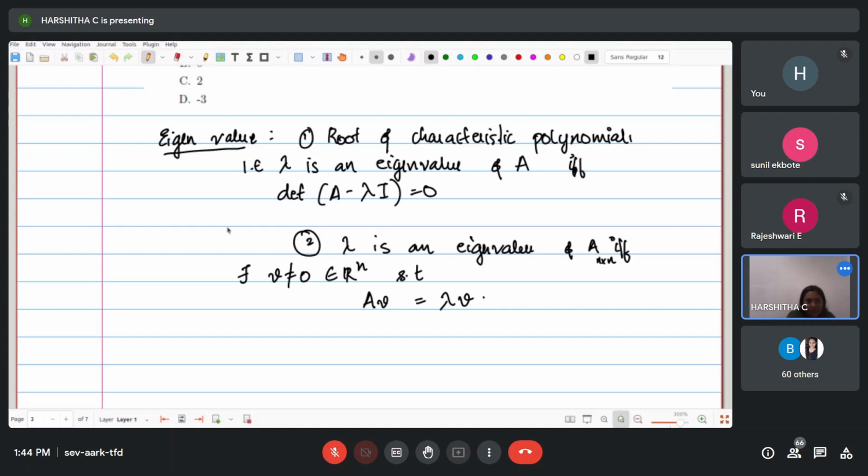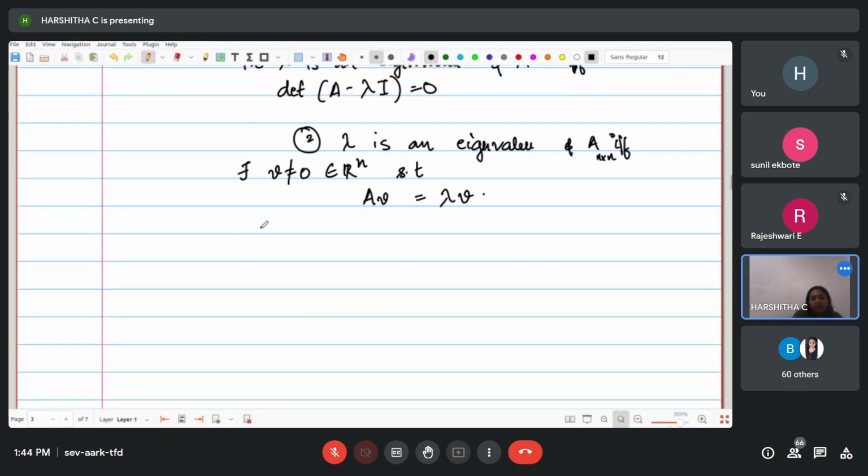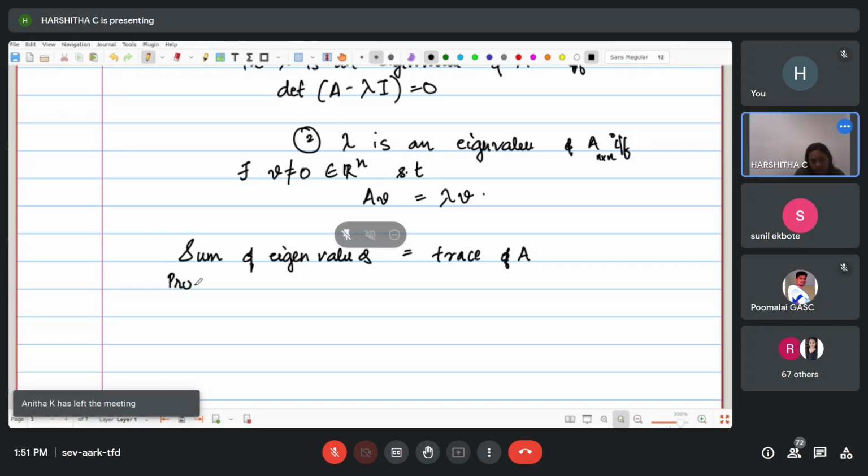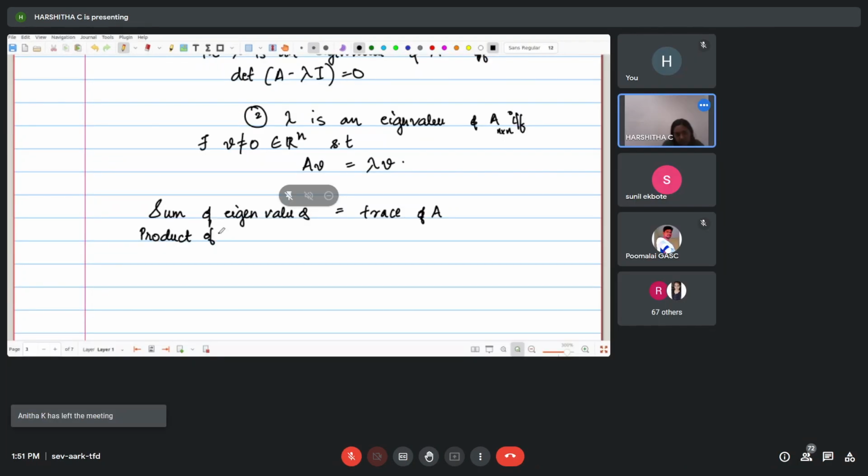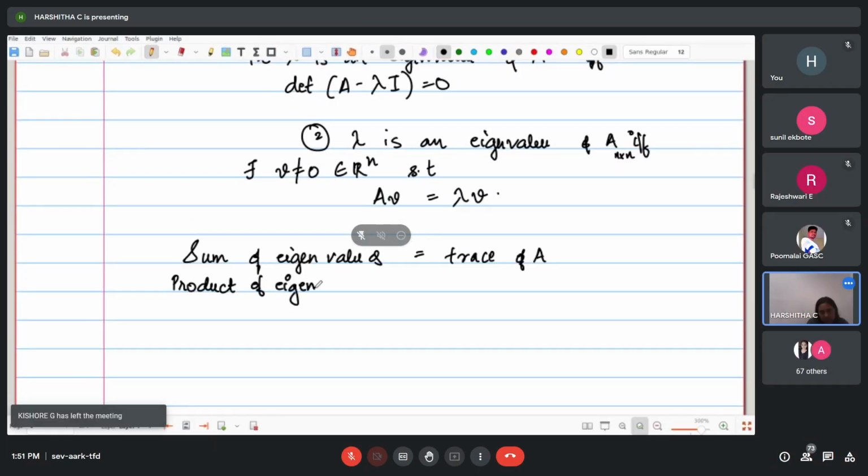Two points to remember: if you get all the eigenvalues, there are two relations. The sum of eigenvalues is equal to the trace of the matrix, and the product of eigenvalues will be the determinant.